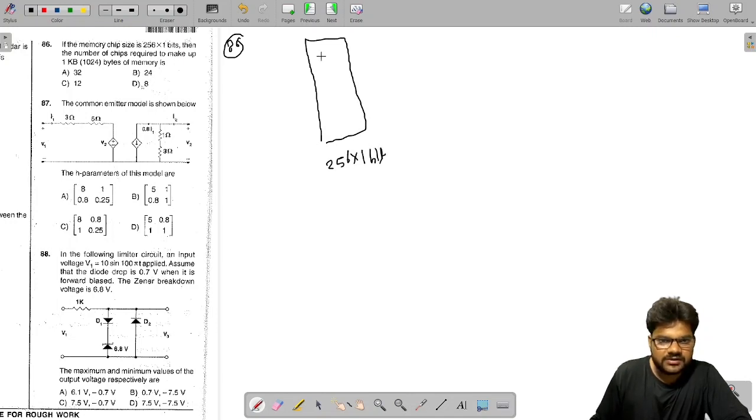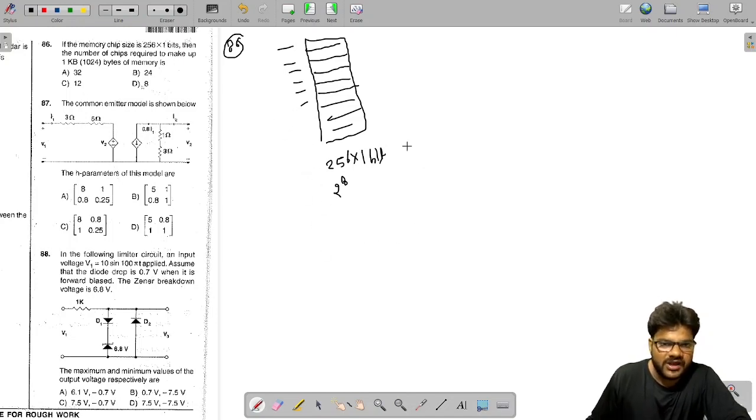It means this memory is having 256 locations, which you will write as 2 to the power 8. It means each location has an 8-bit address, all the locations are 256, and each location has how many bits of data? 1 bit of data. So this is the chip size.